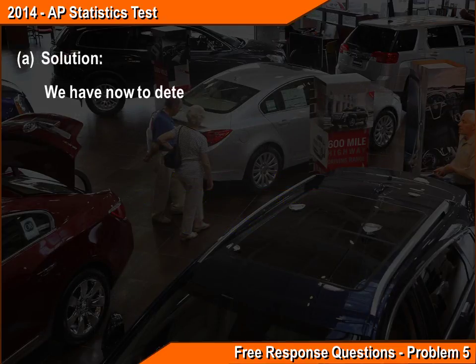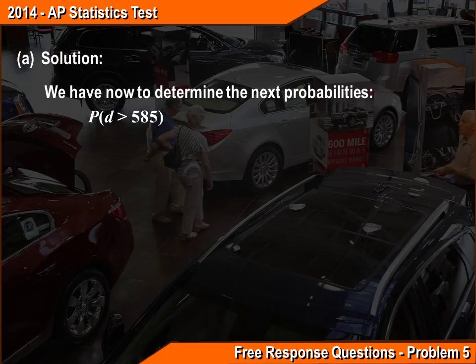We have now to determine the next probabilities. The probability to have a difference in price greater than $585 is equivalent to finding the probability to have a value for the t-statistic greater than 3.1178, or, by the symmetry properties of the t-distribution, the probability to have a t less than negative 3.1178.